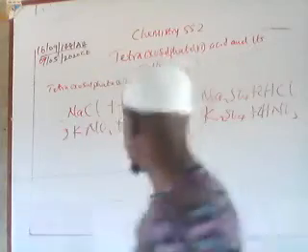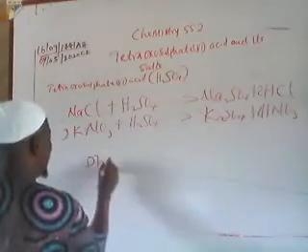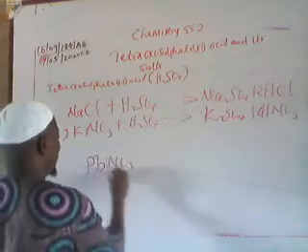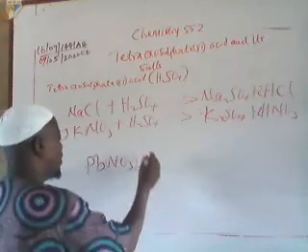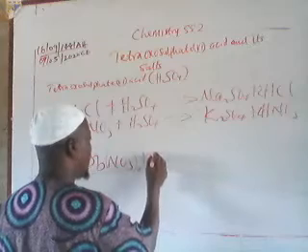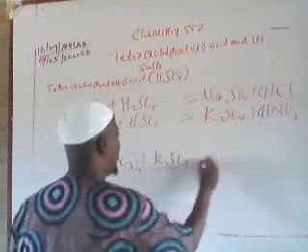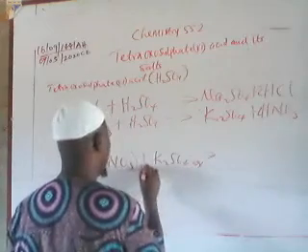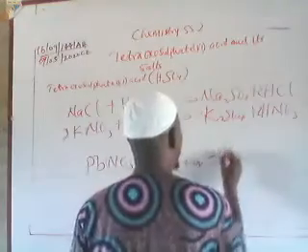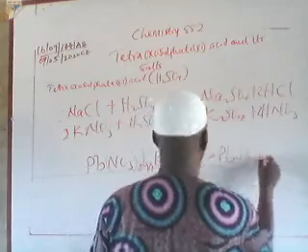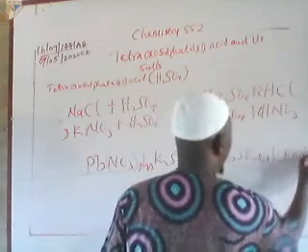Let me just give you an example. Pb(NO3)2 can be used to prepare PbSO4. You can use K2SO4 aqueous to form PbSO4 solid plus KNO3.